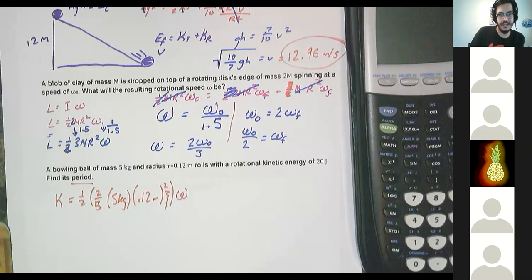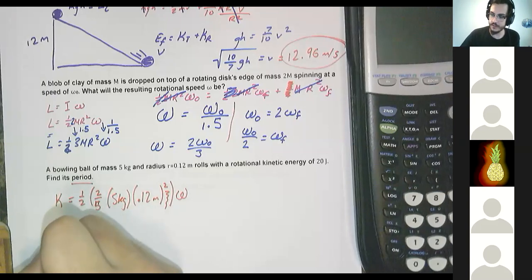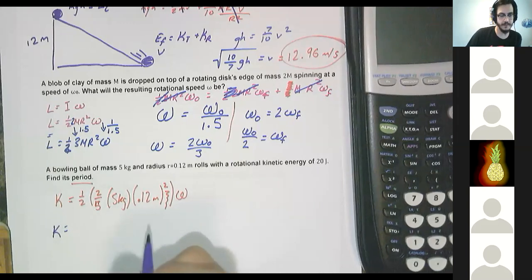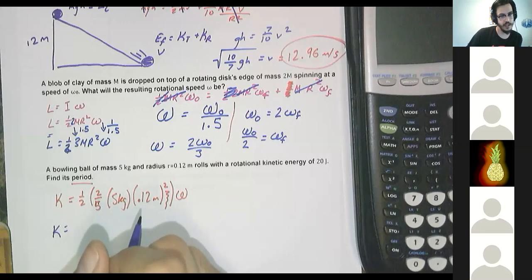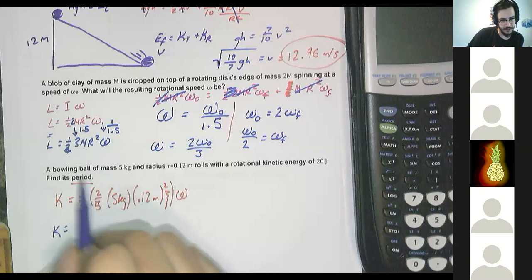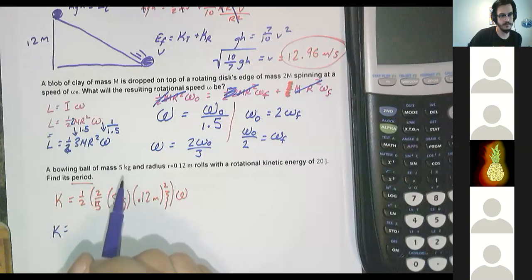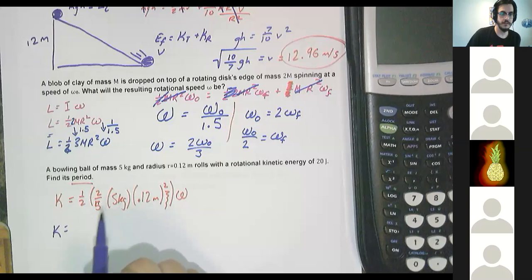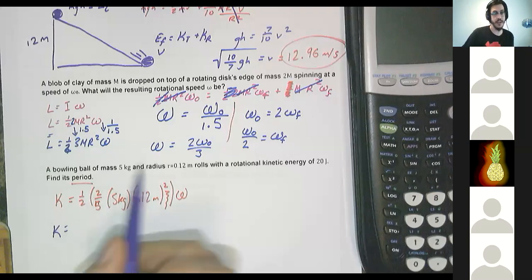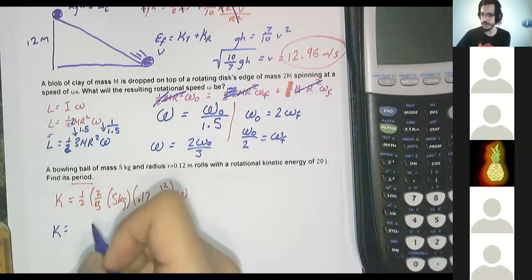Omega has within it the information we need. Why? Because what goes into finding omega? It's your displacement and your time. The period is the time to complete how many rotations? 1. So 1 rotation in radians would be 2 pi.